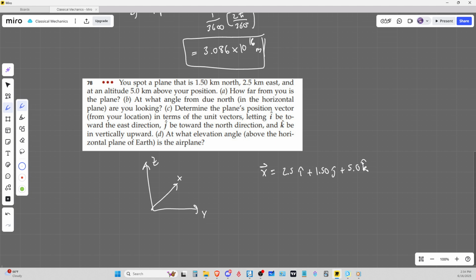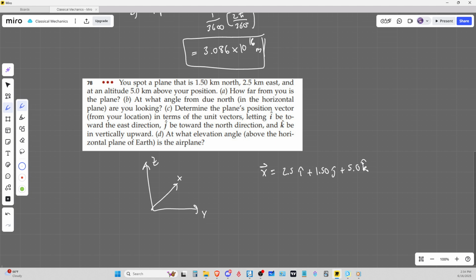How far from you is the plane? What angle from due north in the horizontal plane are you looking? Determine the plane's position from your location in terms of the unit vectors.